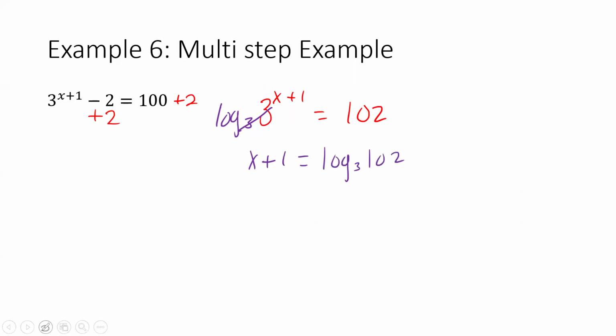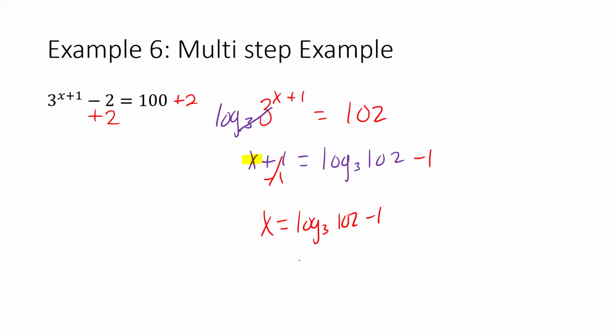The only thing that makes this one different is that x is not by itself. So there's an extra step that I have to do to get x by itself. What do I need to do? Minus 1. So we're going to subtract 1 from both sides. So our exact value is x equals log base 3 of 102 minus 1. That's our exact.